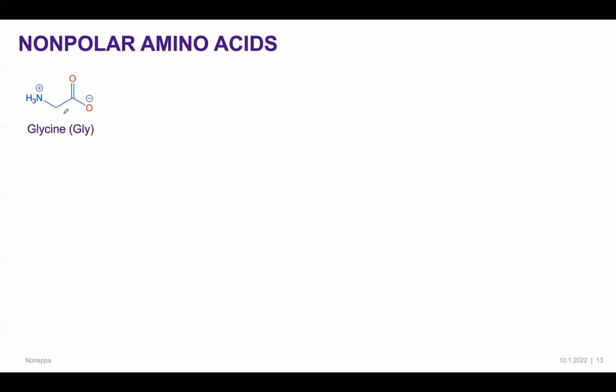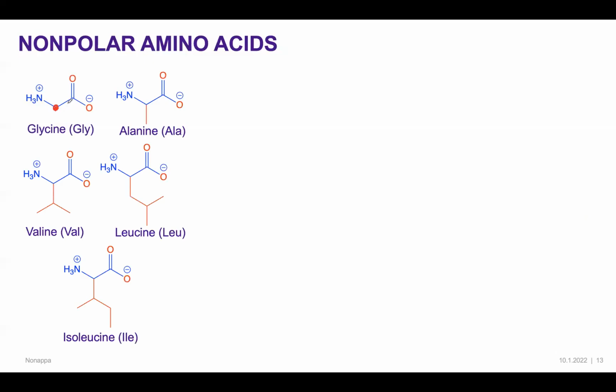Glycine forms a very simple example of an amino acid, and it shows the backbone structure. Every amino acid has the same backbone structure except proline. The only difference is the presence of the R group attached to this alpha carbon. If you look into non-polar amino acids, they all have one property in common.